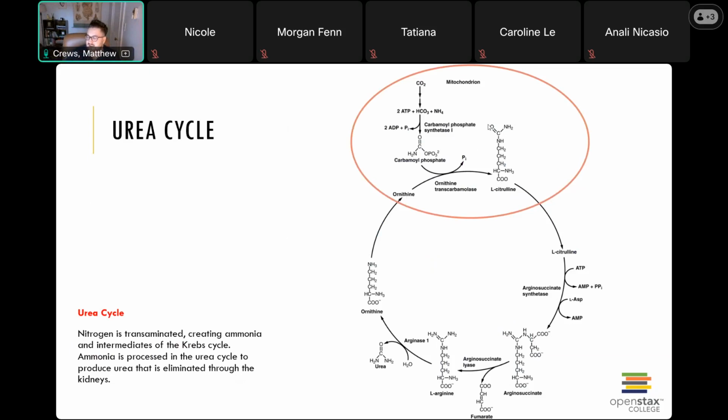L-citrulline is an amino acid-ish precursor, and I studied that in college. It occurs naturally in watermelon, and there are some studies that link L-citrulline to lowered blood pressure. I was part of a study where I was a subject and also a researcher, which is probably a conflict of interest.